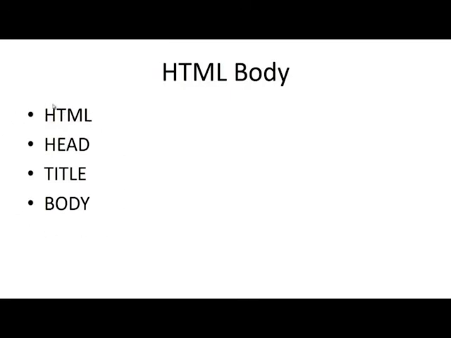Think of it like this. This is an HTML page, and then the next thing you'll see is the head. If you think about a human body, you have the head, and then right below that, you could have a name tag, like the title or something. Then, right below that, you have a body. Then, of course, you have your feet and everything like that. That's probably the easiest way to think about it.